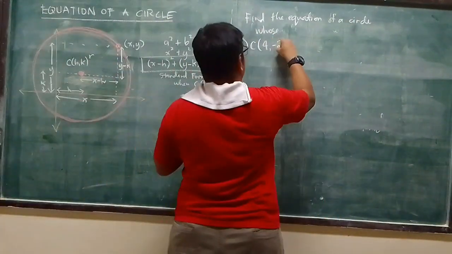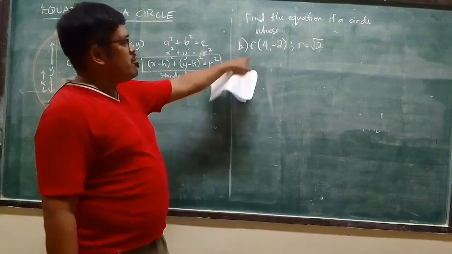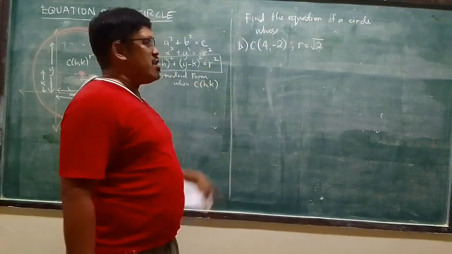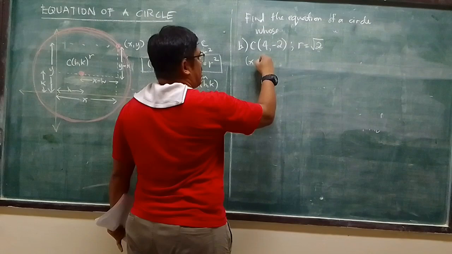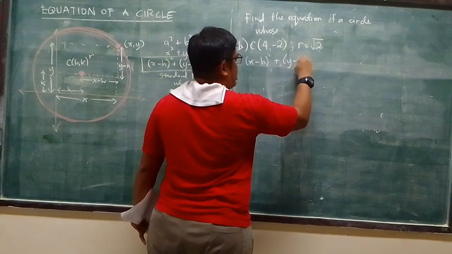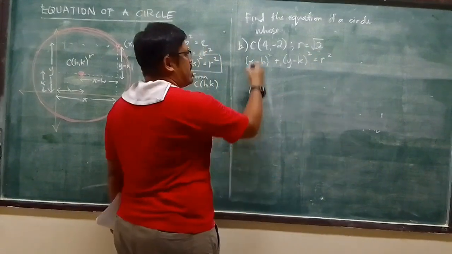Okay, again. So for this particular example here, x minus h quantity squared plus y minus a quantity squared is equal to r squared. After that, substitute lang.